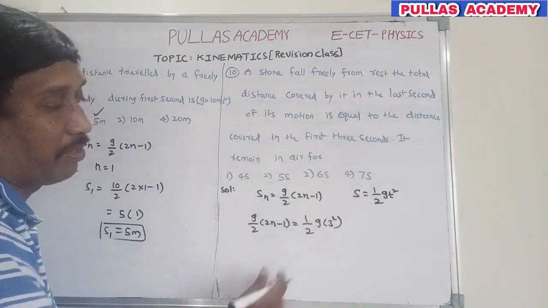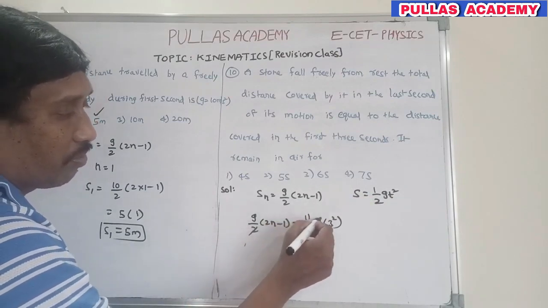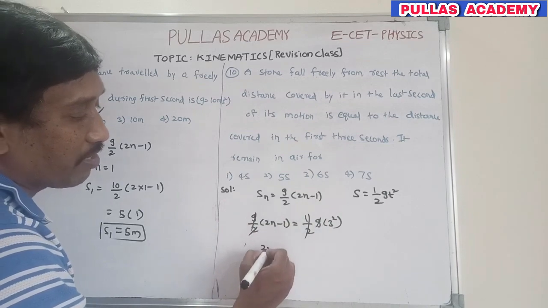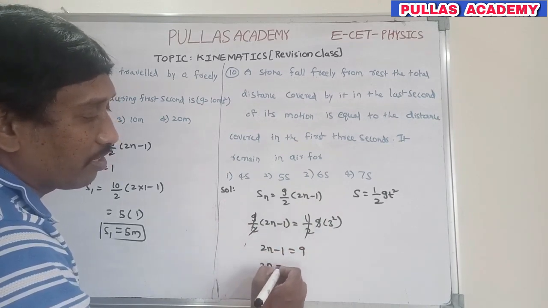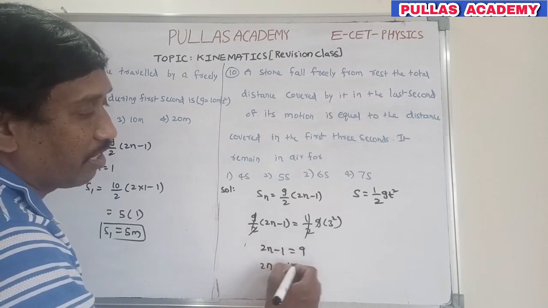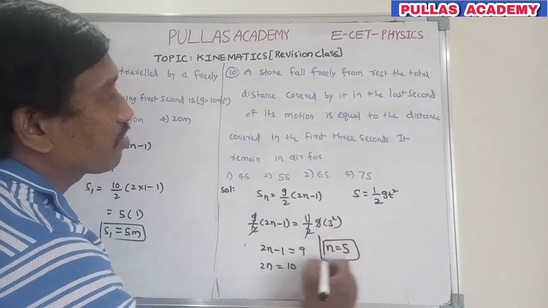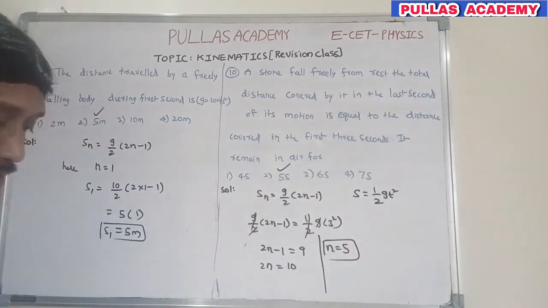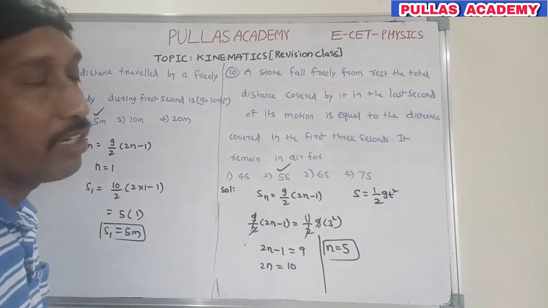After simplification, half g cancels. What remains is 2n minus 1 is equal to 3 square, which is 9. So 2n is equal to 10, and n is equal to 5. So 5 seconds is the answer. The second option is correct.